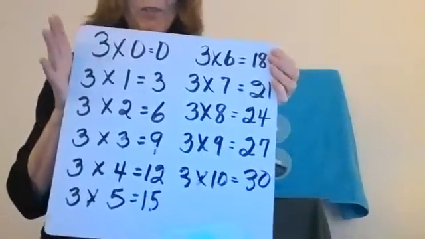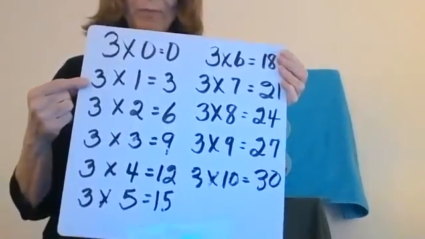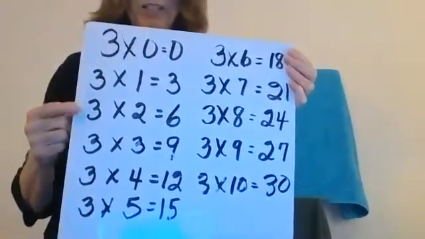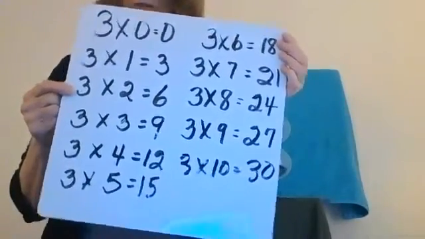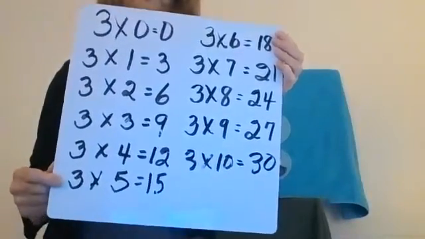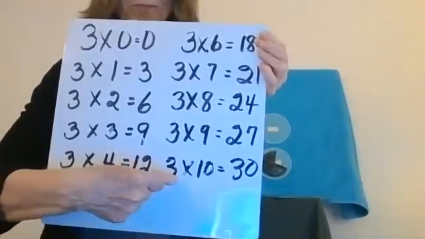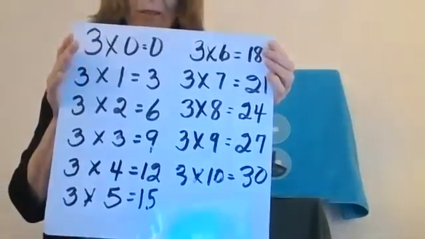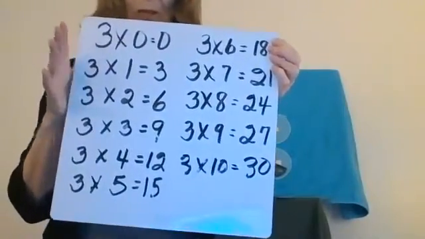Now, let's see if there's some of them you already know. Do you know this one? Yes. Do you know this one? Yes. You learned that when you learned your 2's. Do you know this one? Yes. And do you know this one? Yes. So you already know almost half of them. Let's see what you don't know.